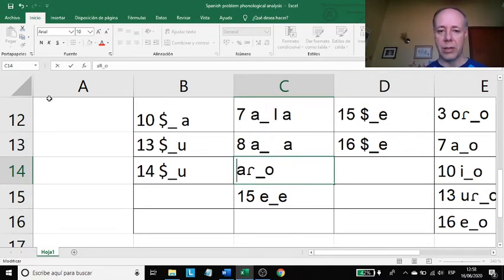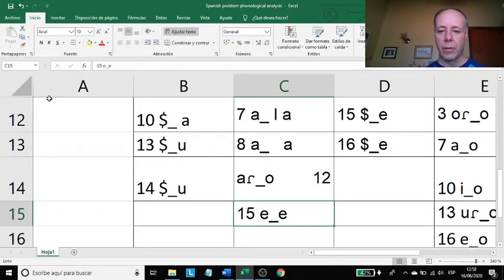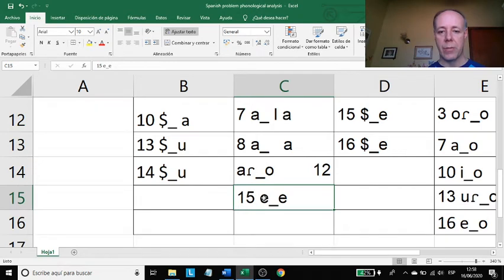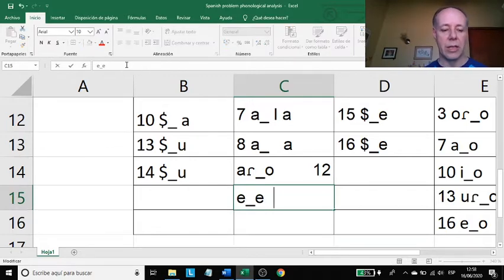Let me eliminate this. It is number 12. And wait. Number 15. The same thing. Let me write this. And write 15 at the end.